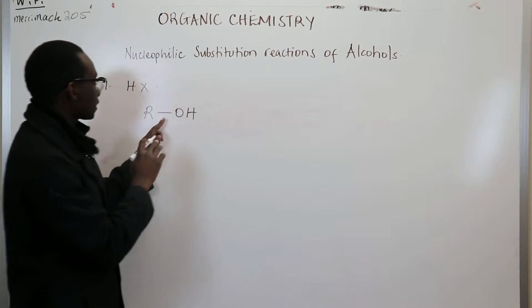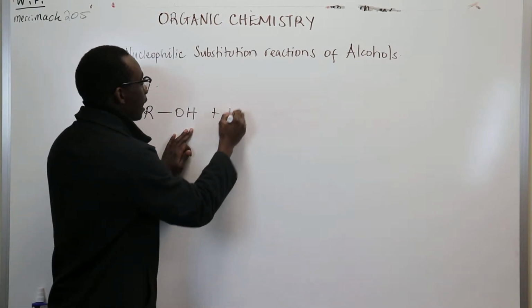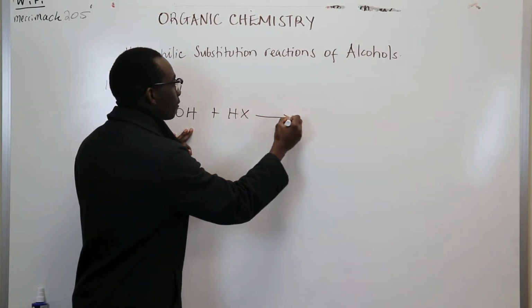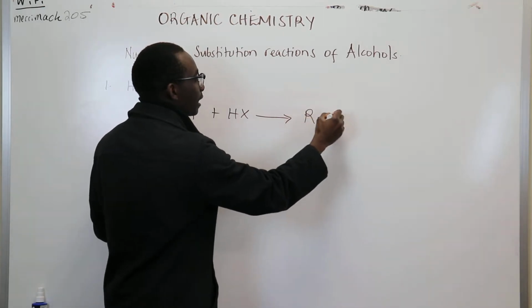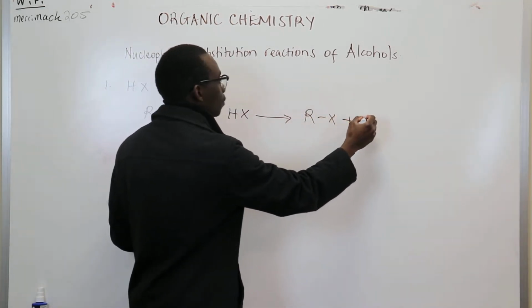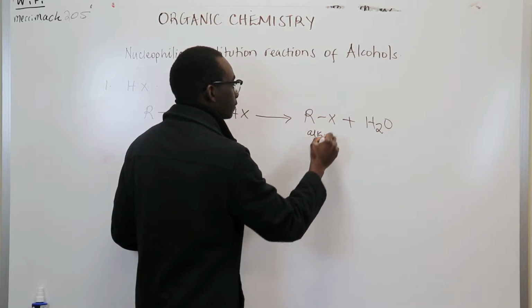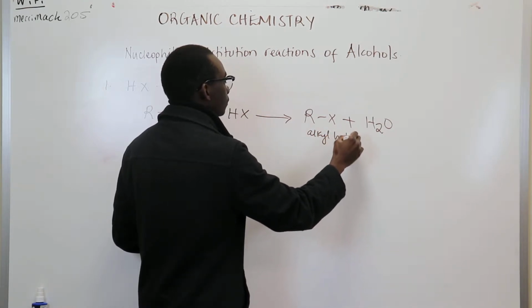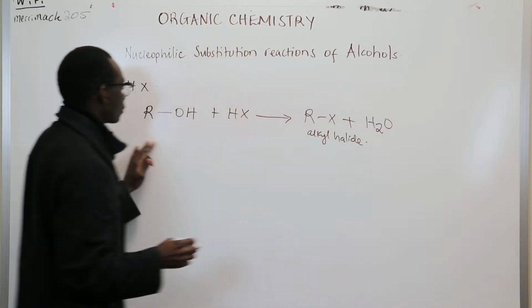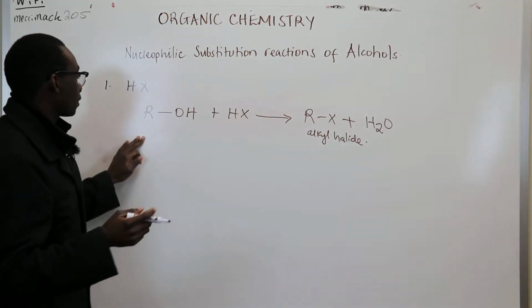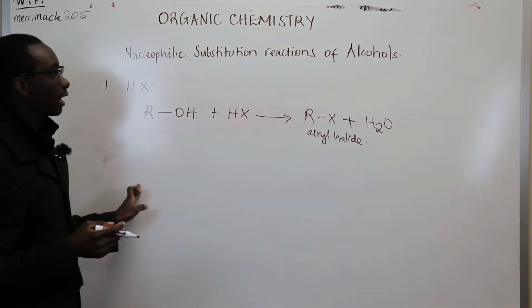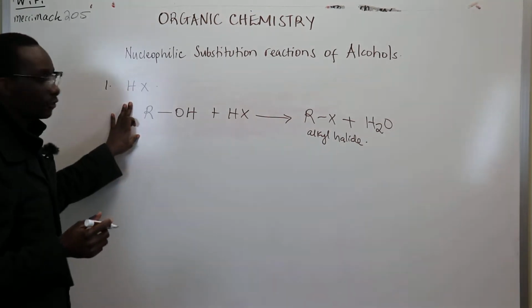So when we react alcohols with hydrogen halides, we form an alkyl halide plus water. So we are going to see mechanisms on how primary, secondary, and tertiary alcohols react with hydrogen halides.